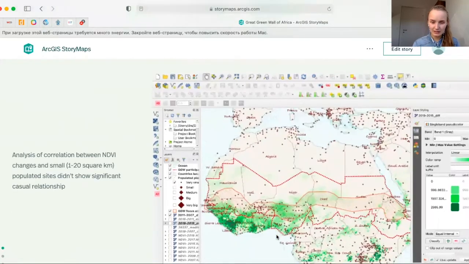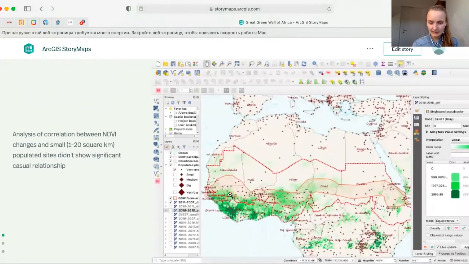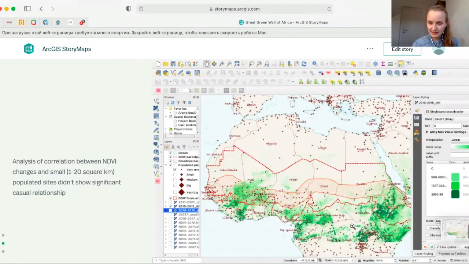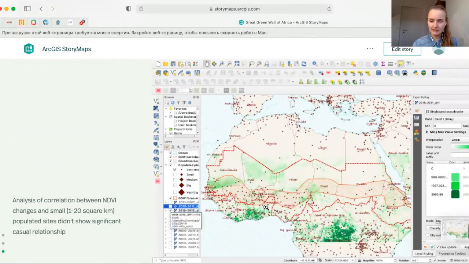Here I can see barely any correlation with the changes. On the second dataset, it's the same, a really weak correlation between populated sites and NDVI changes. But on the last one, I didn't see any correlation.